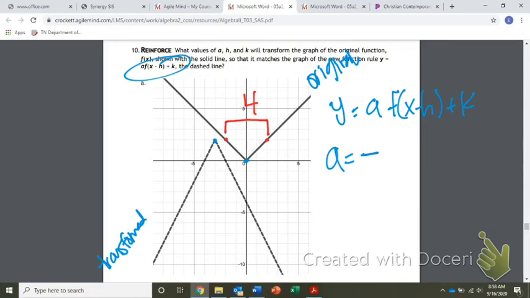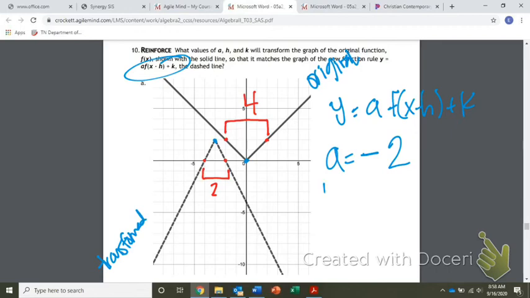Now, I'm going to do the exact same thing down here. That's only 2 units. So what's the difference in 4 and 2? Well, that will be a 2. So our A is a negative 2.